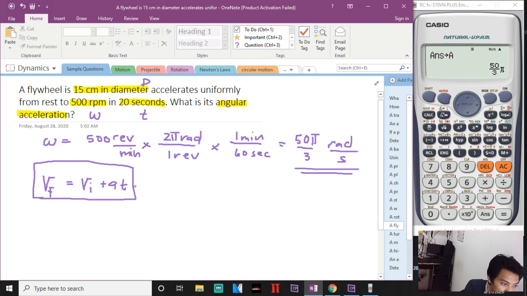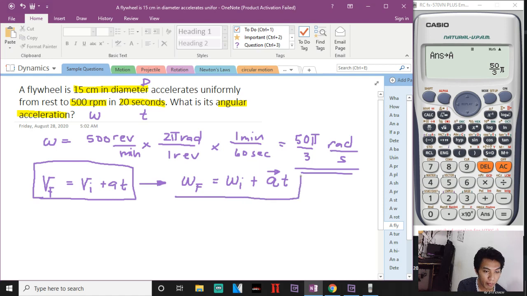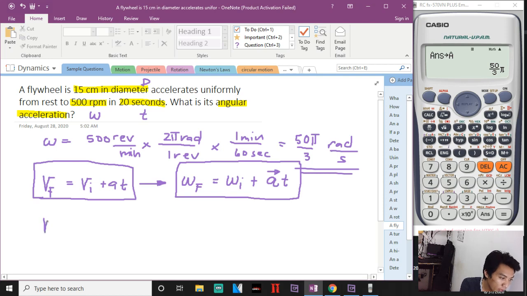Ang translation niyan, pagdating ng ating circular motion is omega F equal to omega initial plus yung angular acceleration alpha times T. Okay. Ito yung kanyang conversion. Tandaan nyo yan, huwag kakalimutan. Now, meron pa yan. Di ba yung VF squared equal to VI squared plus 2AS.